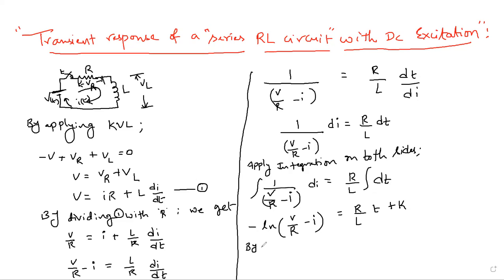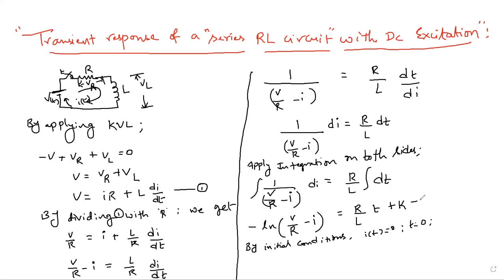In the indefinite integration, how to find the k value? By taking initial conditions, right? So by taking initial conditions, in the sense I of t equal to 0 at t equal to 0, substitute that and you will get the k value in the above expression.